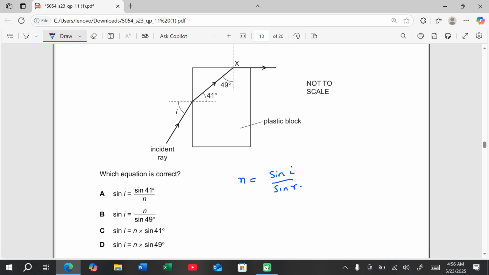So I'm going to say n is equal to sine i over sine 41. Sorry, I said 45. I don't know why I said 45, it's 41 because this is the angle of refraction. So when I take this sine 41 to the other side, it is going to be sine 41 times n is equal to sine i. So that's C.